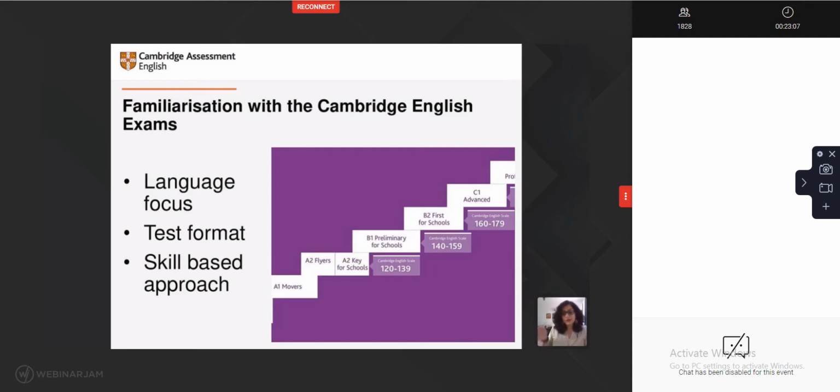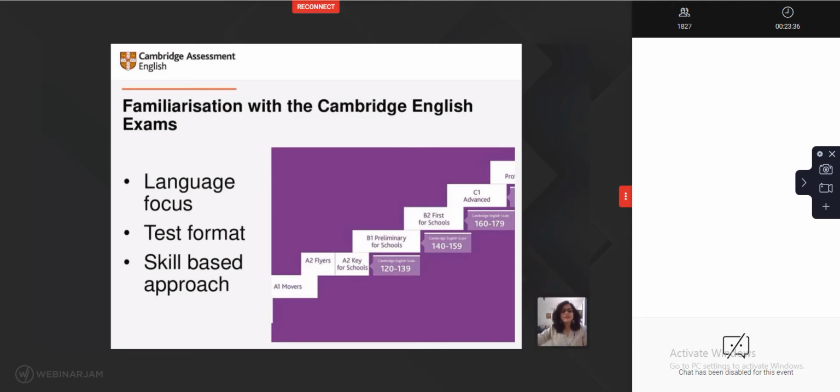So if you remember the verticals that I showed you right at the start, we have three verticals: one for schools, one for general users, and the third one is the business English vertical. So depending on the vertical and the level of the exam that you are offering, you can look at the levels here as well, and you have some of the verticals mentioned here.